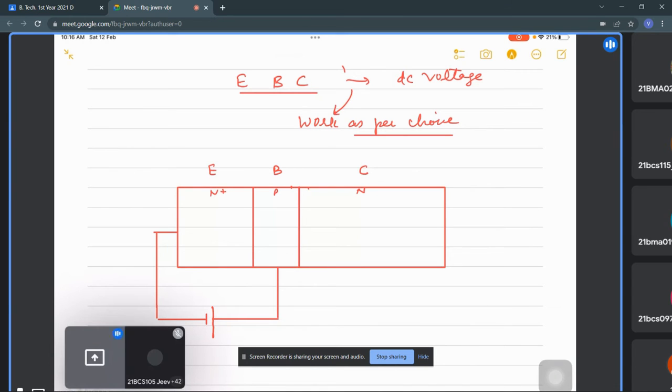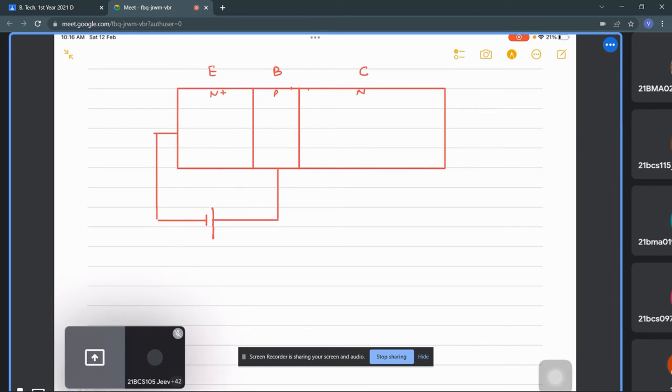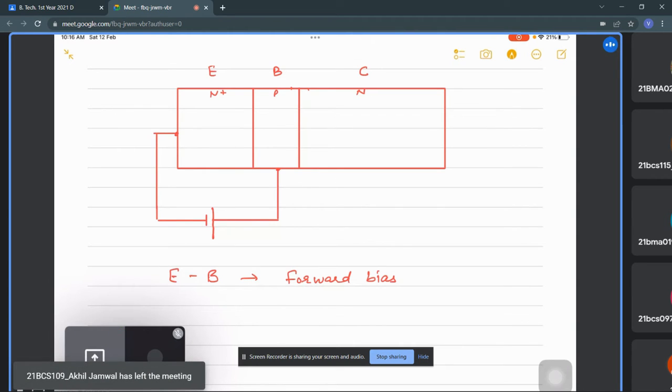Okay, so this is going to forward bias the emitter base junction. Am I right? If I apply a battery like this, the emitter base junction is forward biased. If the polarity of the battery is changed, it is reverse biased, right?